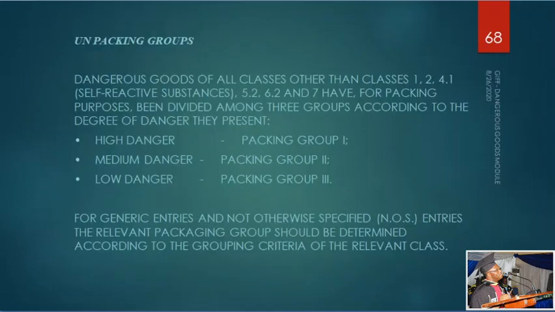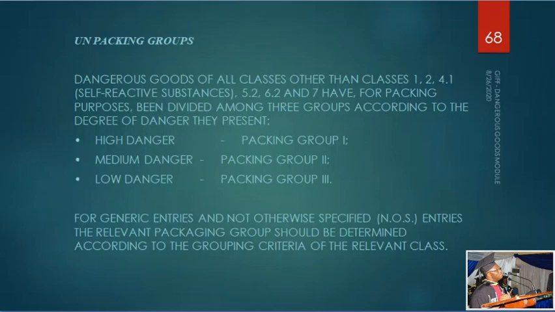Then we have the packaging groups. We have the high danger packaging group, the medium danger packaging group, and then the low danger packaging group. For generic entries and not otherwise specified entries, the relevant packaging group should be determined according to the group criteria of the relevant class.